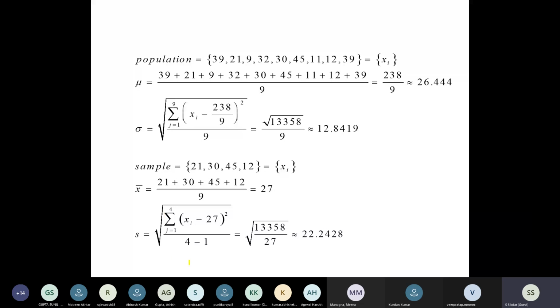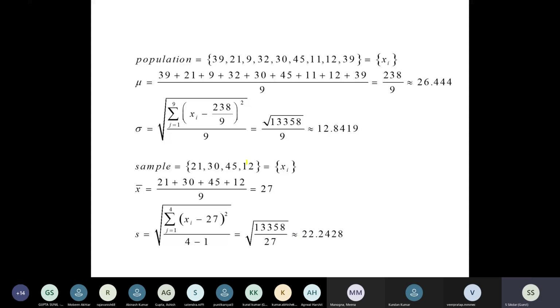So here it is n, but here it is n minus 1. Here n is the number of samples. So you have to be very careful and see the difference between them. Then the square root, and then you come up with the value. Now it is your choice, that's what you have picked up.